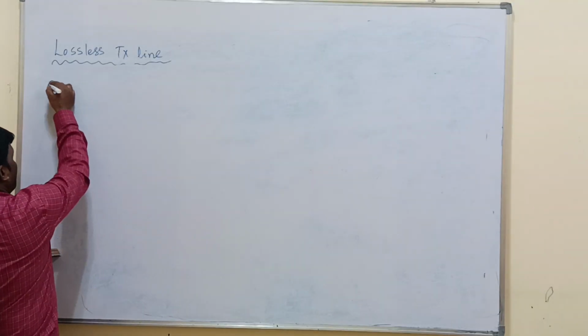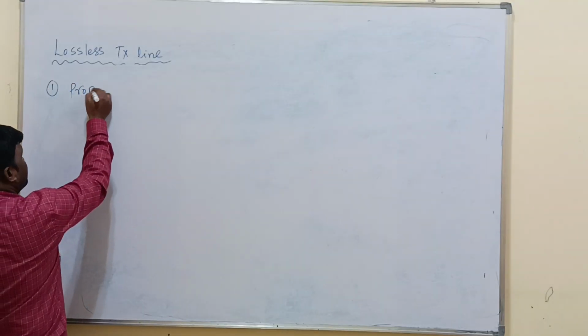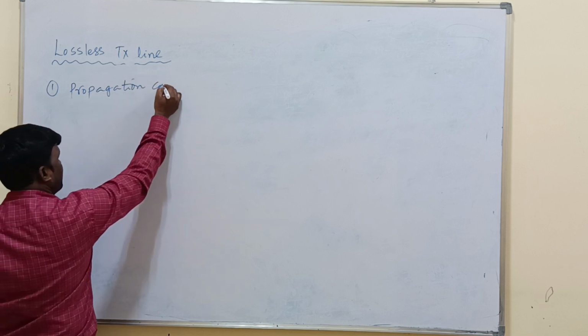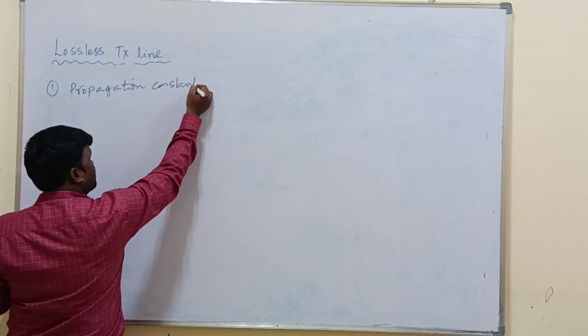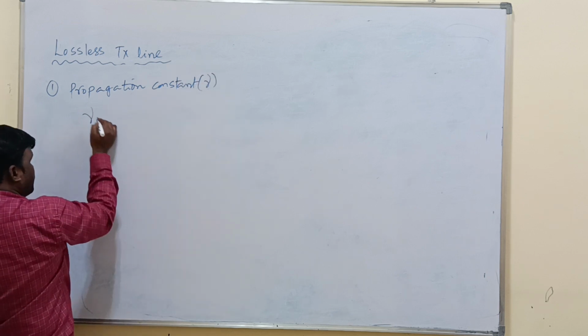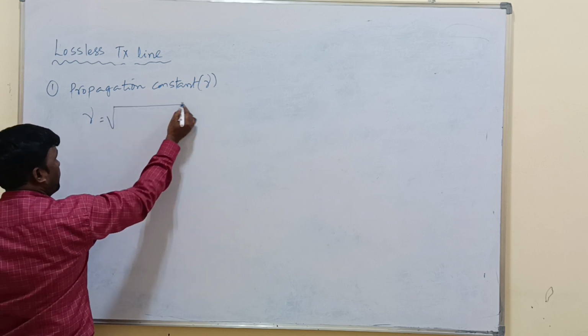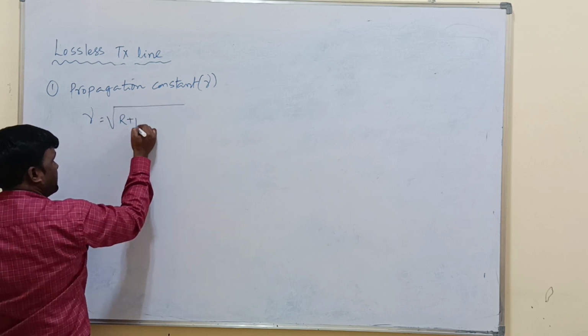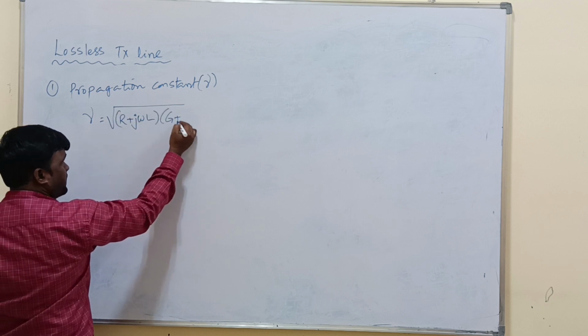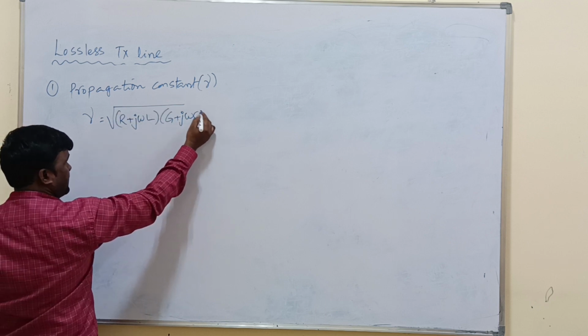First is the propagation constant of the lossless transmission line. It is represented by gamma. We already know gamma equals under root of (R plus j omega L) into (G plus j omega C).